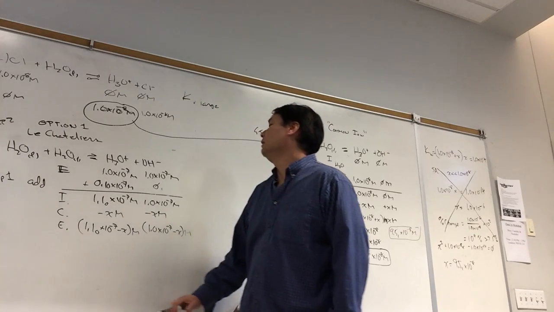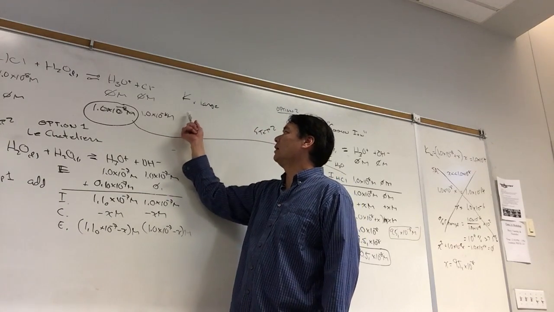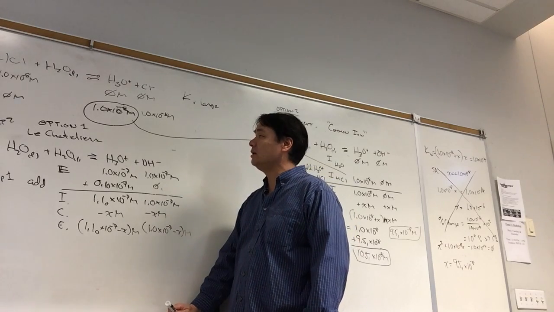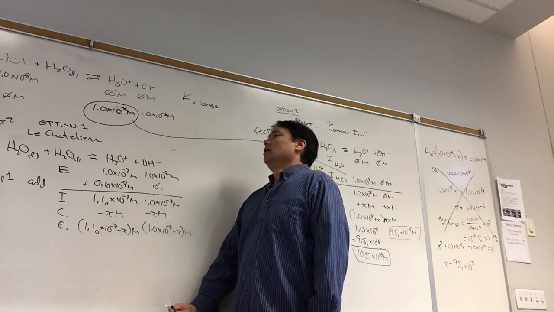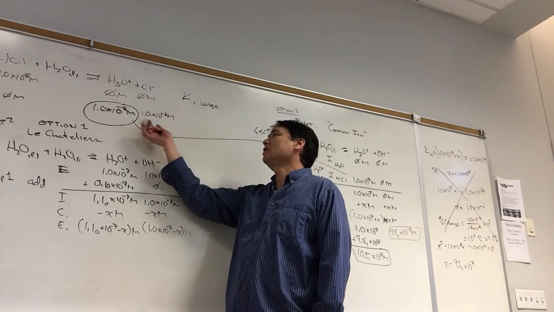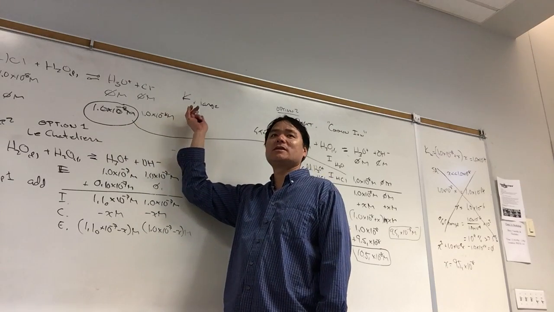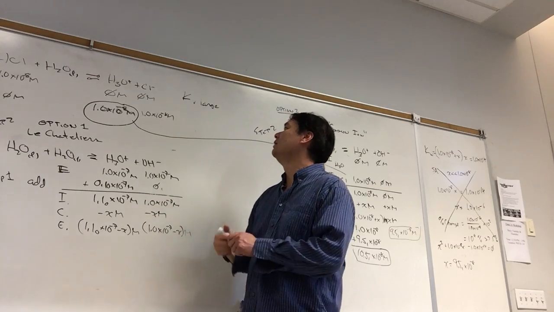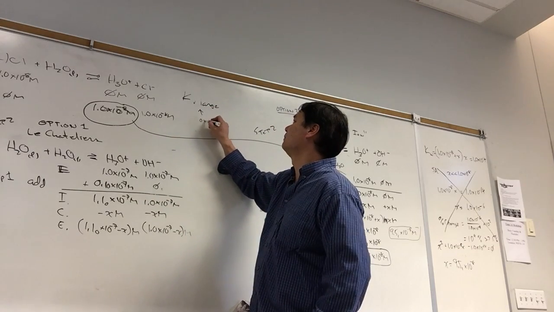But one thing about this, K is very large, so if we calculate Q with the increased hydronium ion concentration, Q is still going to be less than K, and so we're still going to be all right. In other words, this is a one-way reaction.